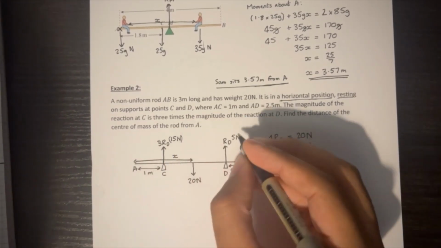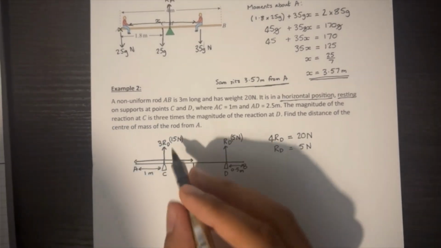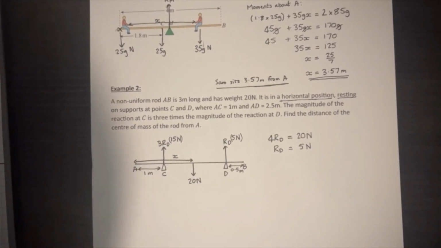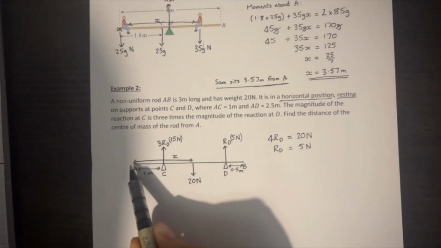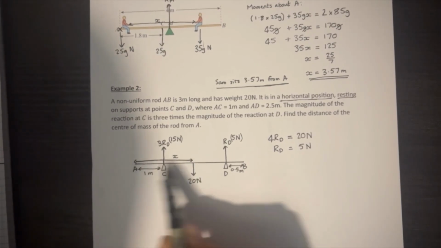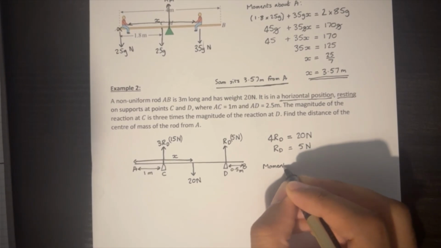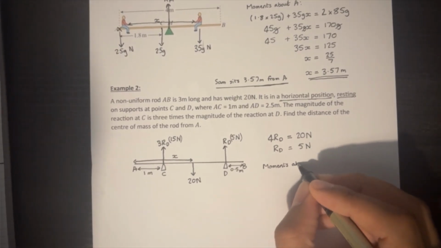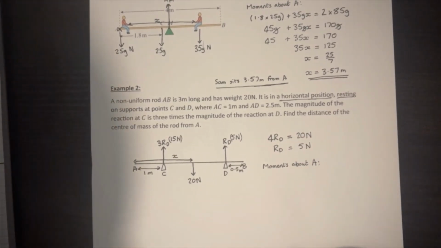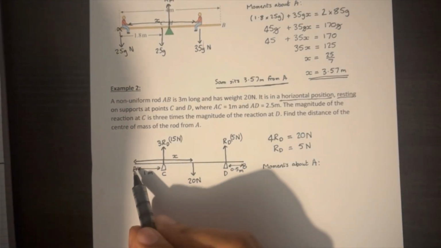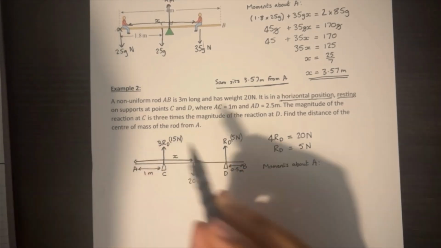So I've got the reaction at C and the reaction at D. So now I can take moments about A to find that distance there. So if I take moments about A, we're taking moments about A in the direction which is anti-clockwise.